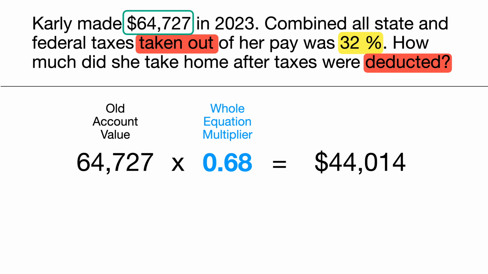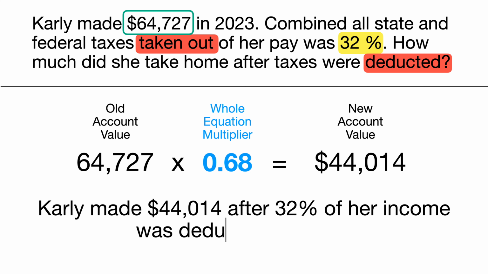So the old account value is going to shrink, and what's left is 68% of the old account value, giving us a new account value of $44,014. It's always good to write what you see here. So we know that Carly made $44,014 after 32% of her income was deducted for taxes.